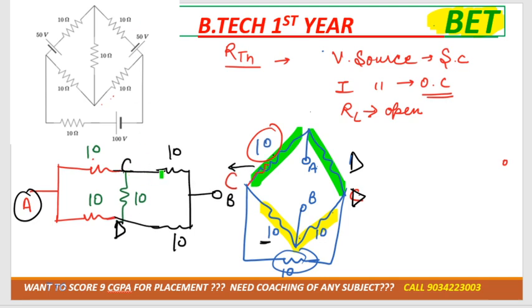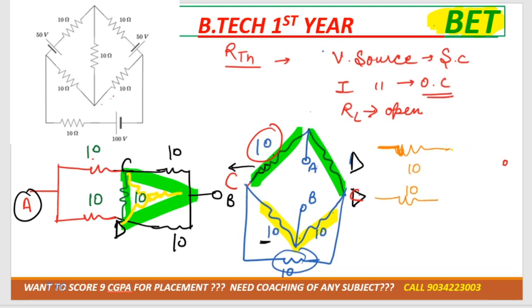So we can see simply that it will behave like a delta. Yes or no? And can we convert this delta into the star? Yes or no? If I redraw the diagram, then this 10 ohm as it is, 10 ohm as it is, right.